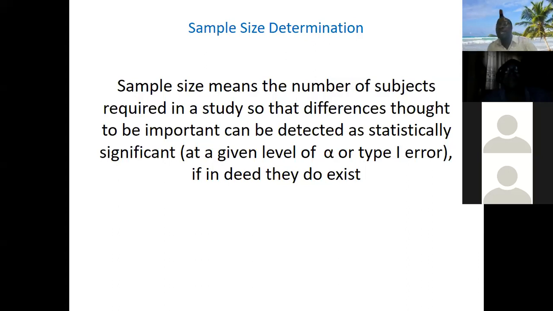That is why sometimes, if work has not been done in a particular area, it may be difficult for you to calculate the sample size. But when people do the work, whatever the person published will serve as a stepping stone for others to calculate better sample size and do a better job.